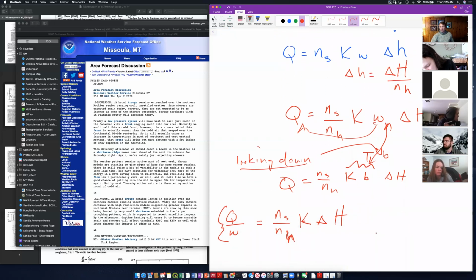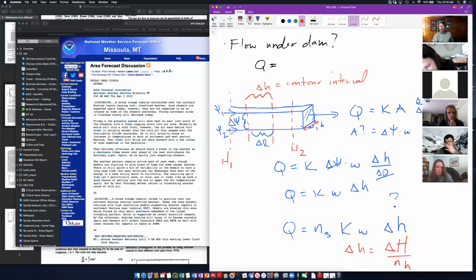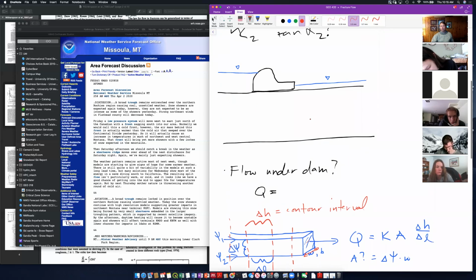The main point is that the area of your face is not the total thickness of your aquifer, it's just some unit underneath the dam. We're just calculating it for some vertical column here, and W is this width.